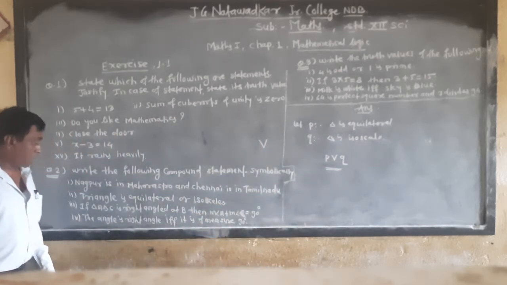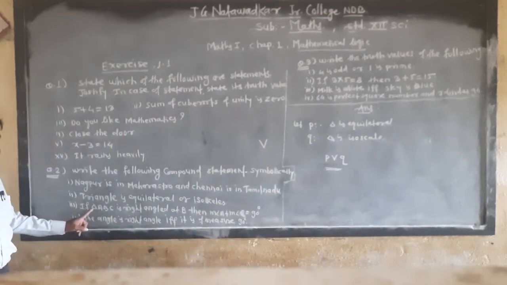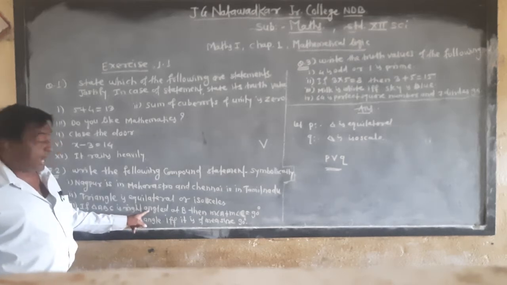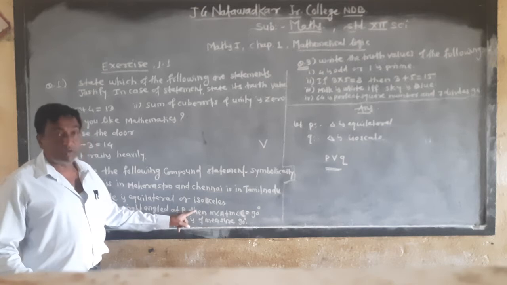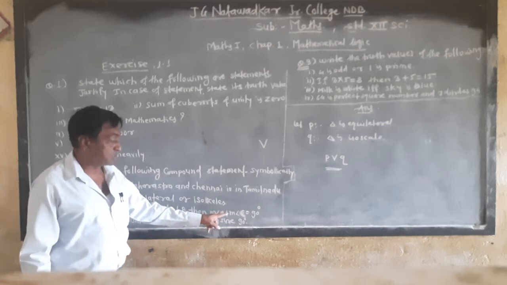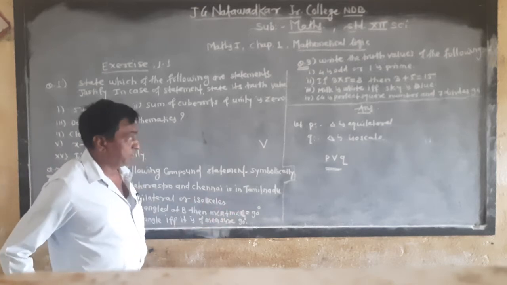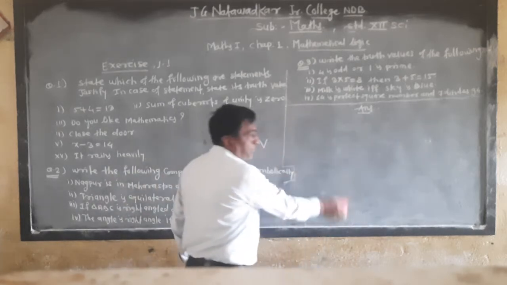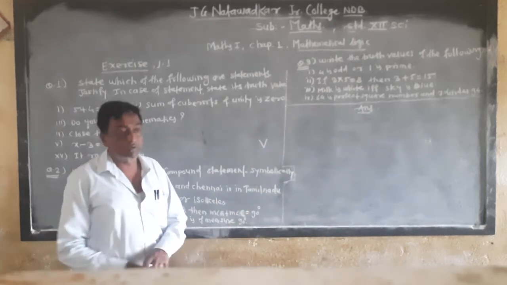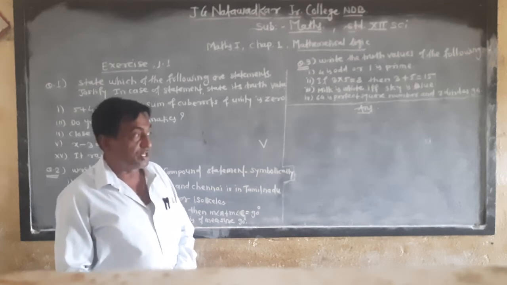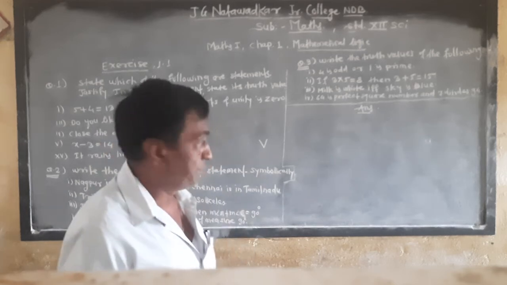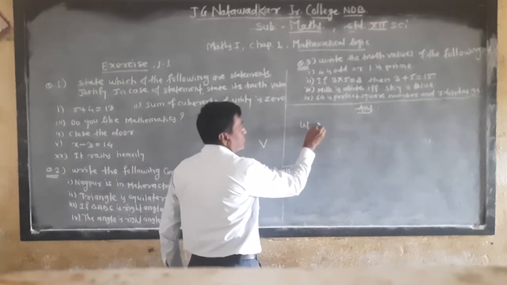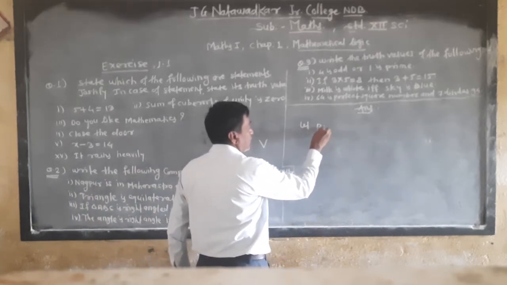After this, the third statement: if triangle ABC is right angled at B, then the measure of angle A plus the measure of angle C is equal to 90. Here the connective is "implies", the conditional statement, otherwise use the connective "if, then".